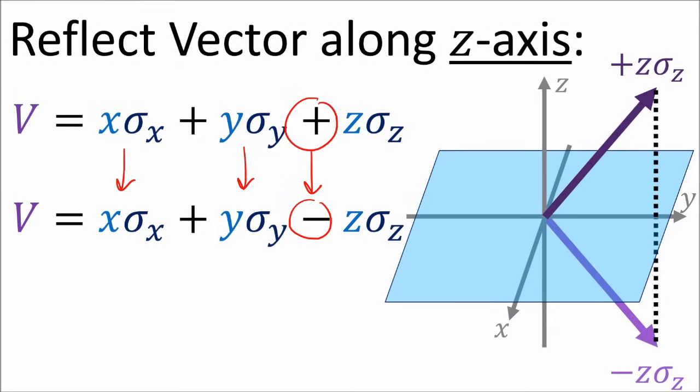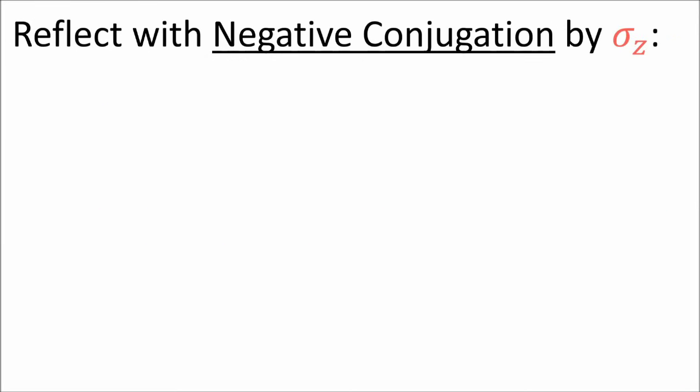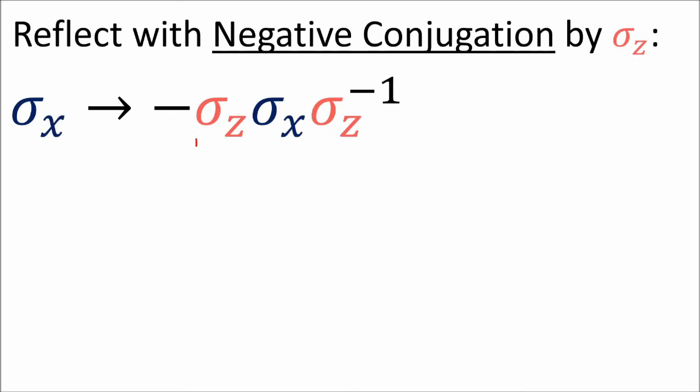The reflection of a vector v along the z direction is done using negative conjugation by z, which means we multiply by sigma z on the left and sigma z inverse on the right, and include a negative sign in front. For example, reflecting sigma x along sigma z looks like this. The colors don't mean anything here, they're just to make the formula more readable.